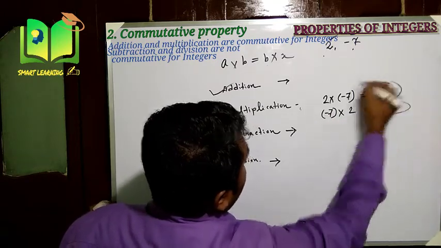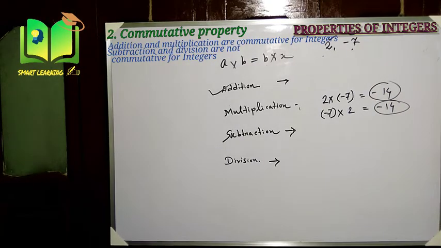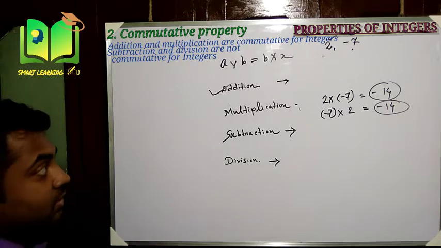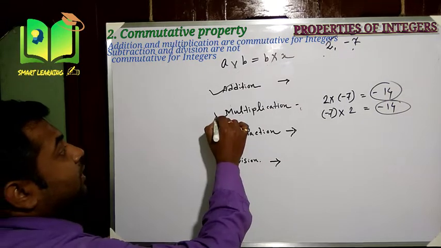Both are the same, so we can say multiplication is also commutative for integers.